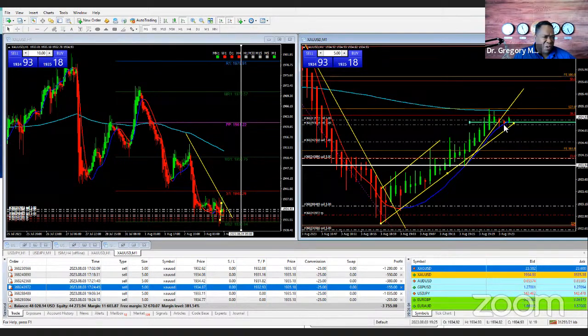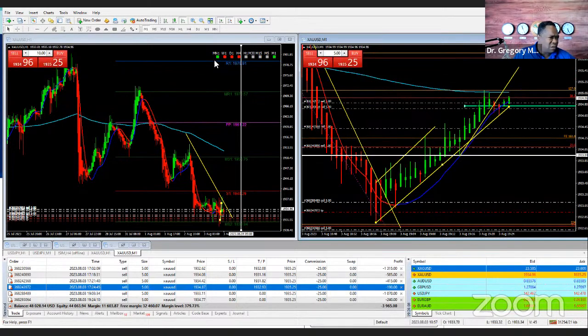Let's see if we break the support right here. As soon as I move my cursor over, it jumped up again. Break 34.65. This was the red trying to hold the ground right there. So let's see if we break down there.